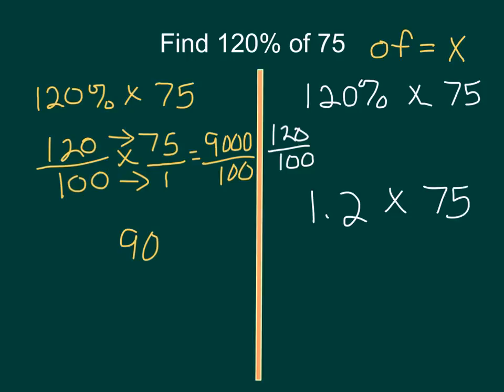And when I calculate that, I'm going to get 90. So both of these ways are going to work. The key to remember is to show your work, whichever way you choose.